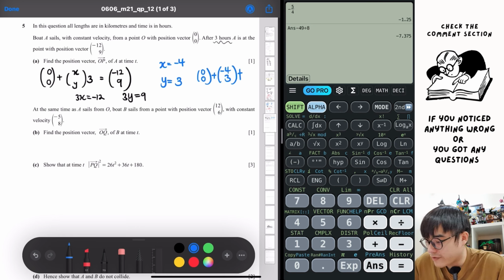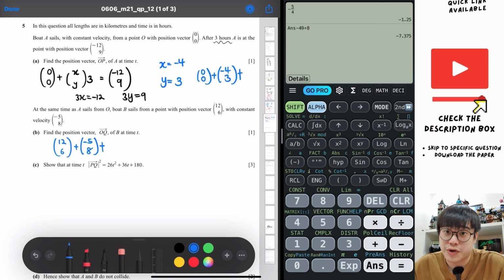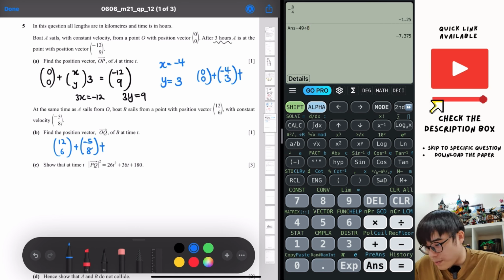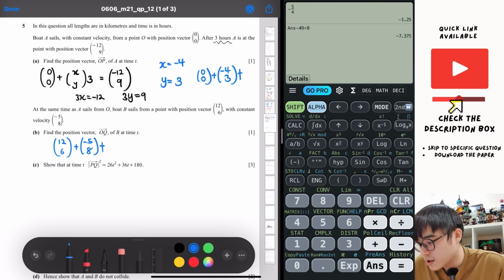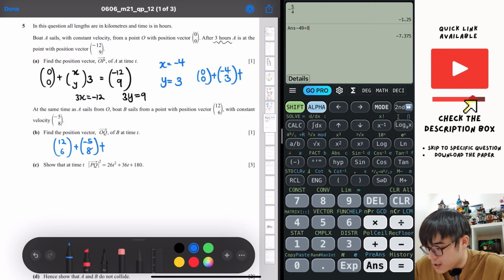And for part B, with a constant velocity of negative 5, 8. If they just want you to write out the solution, this will be how it looks like. Just like this, you secure your next 1 mark there. To get to your answer of PQ magnitude, all they want you to do is to know that you are using PO plus OQ first.